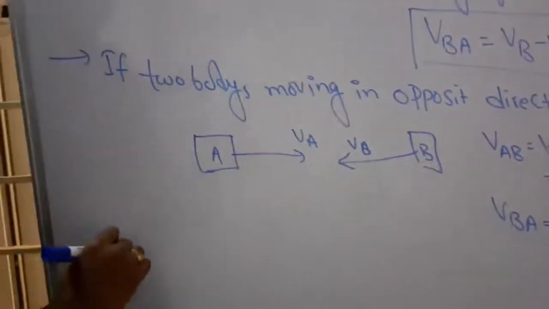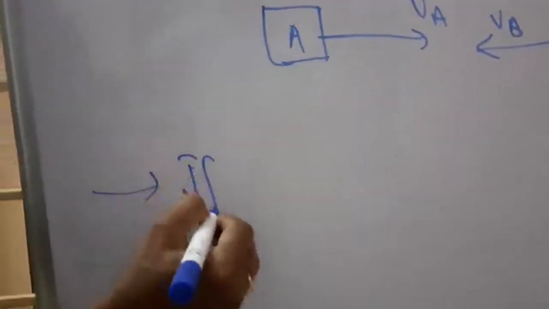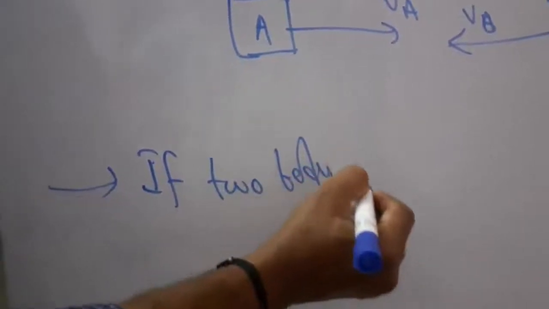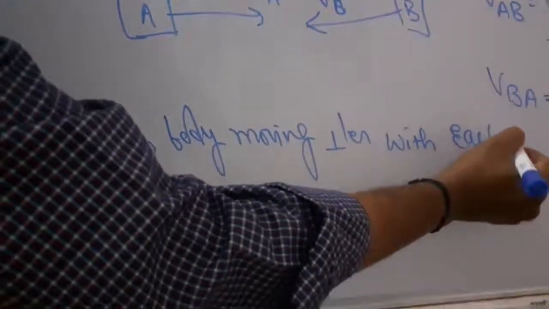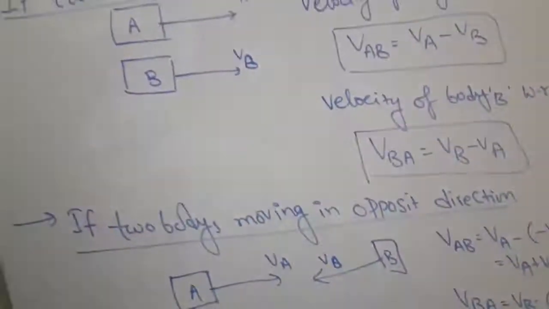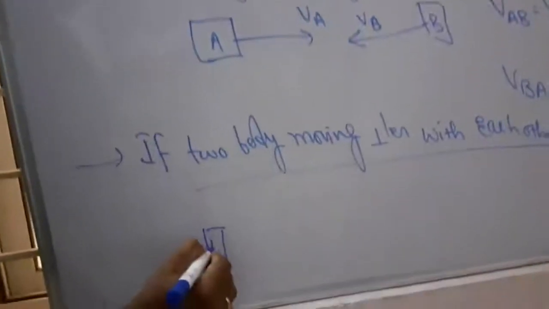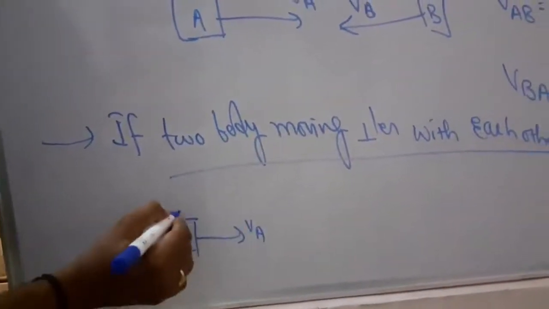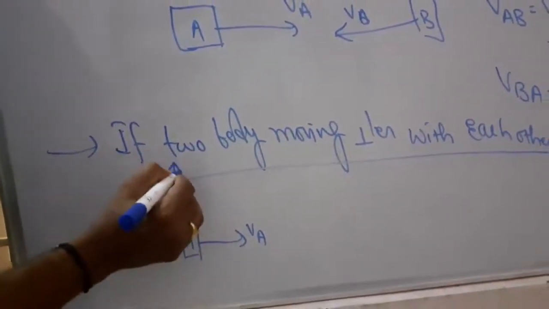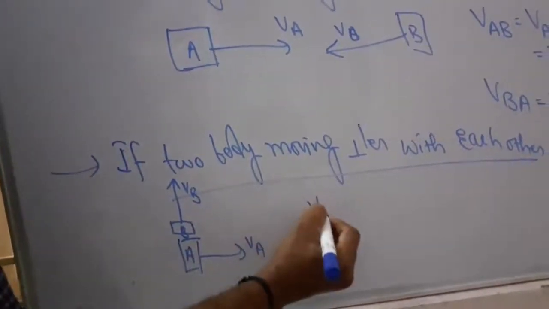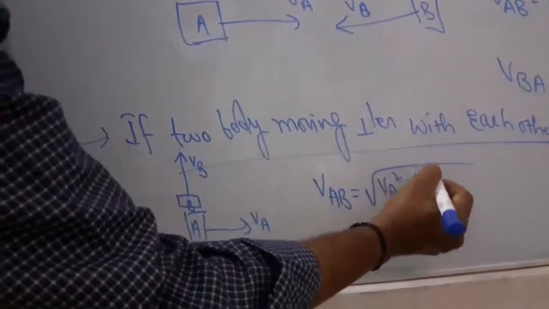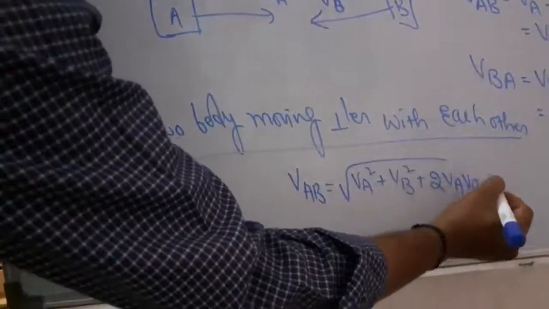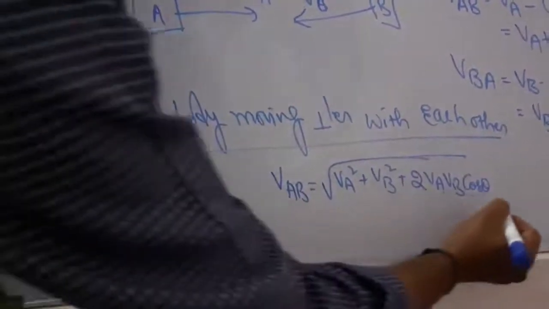Right. So if two bodies are moving perpendicular to each other, then the relative velocity: this is body A moving with velocity VA, and the second body B moving perpendicular to it. The relative velocity VAB is equal to the square root of VA square plus VB square plus 2 VA VB cos theta, where theta is the angle between these two velocity vectors.